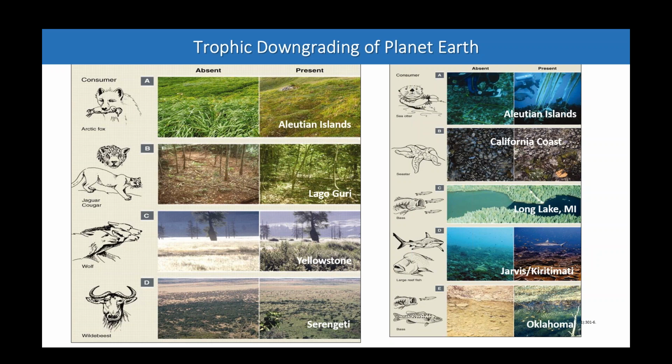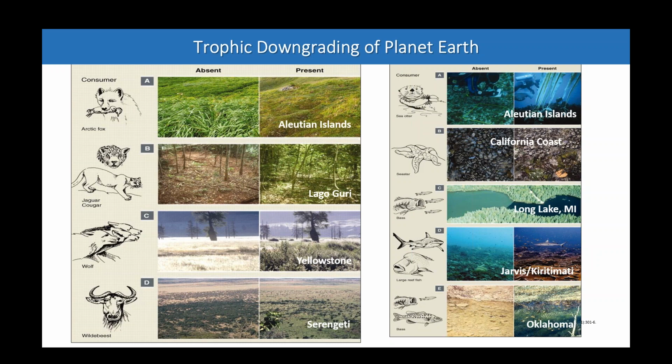And what happened was, without these apex predators, eventually the ants took over, and the herbivores ruled that system. And you can see the paired images. The image on the left is of a small island, and the image on the right is of a large island, and you can see that understory. The large island was inhabited by jaguars and cougars as well. And so what happens is that the diversity of songbirds plummeted by 90% in that system.